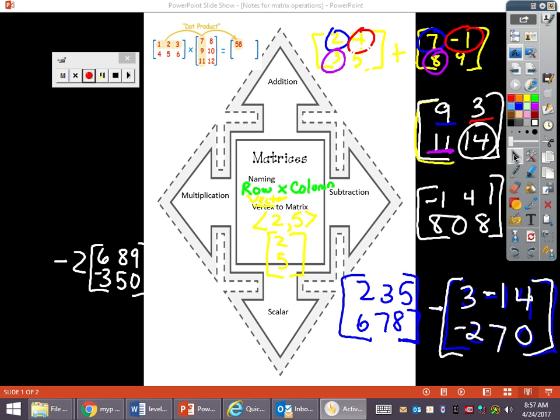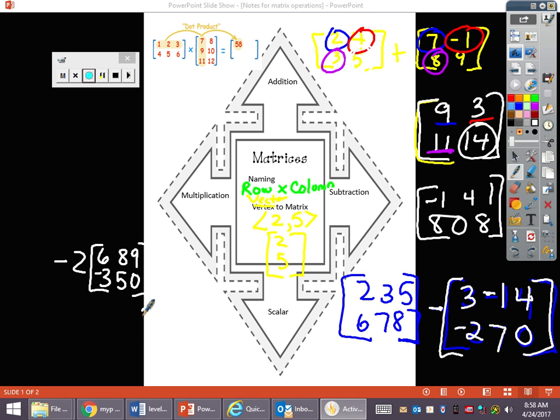Distributive property. Here, who's got an answer for me? What'd you come up with? Negative 12, negative 16, negative 18, keep going, 6, negative 10. Excellent, good job.